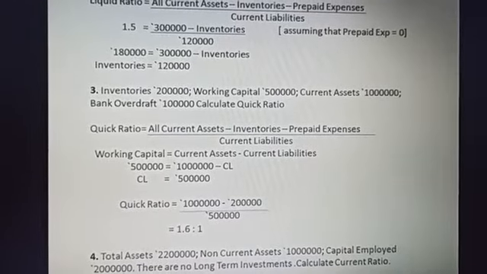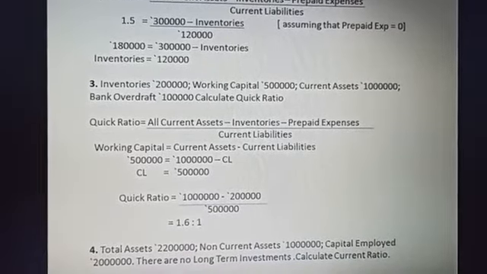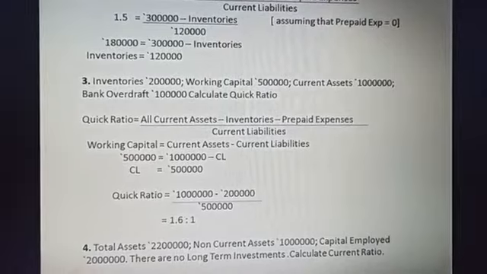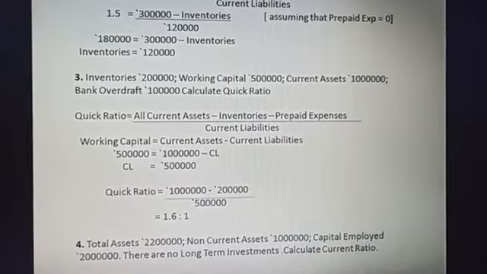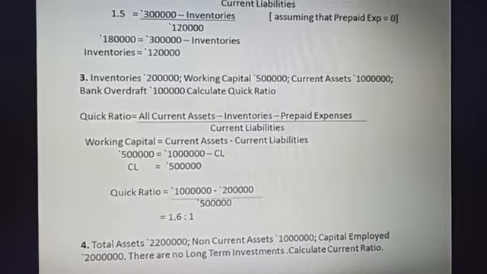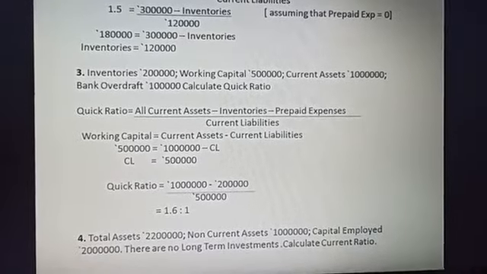Liquid ratio was given 1.5. So 1.5 equals to all current assets, we have put the value 3 lakh minus inventories, considering that prepaid expenses is 0 as no information is given, divided by current liabilities 1,20,000. So if we solve it, we get inventories as 1,20,000.